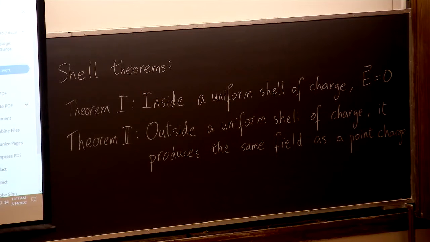Spherical shells are quite nice that way. Inside, the field is 0. Outside, you can collect all that charge at the center and imagine that it was just a point charge at the center, as long as you are outside the actual shell.